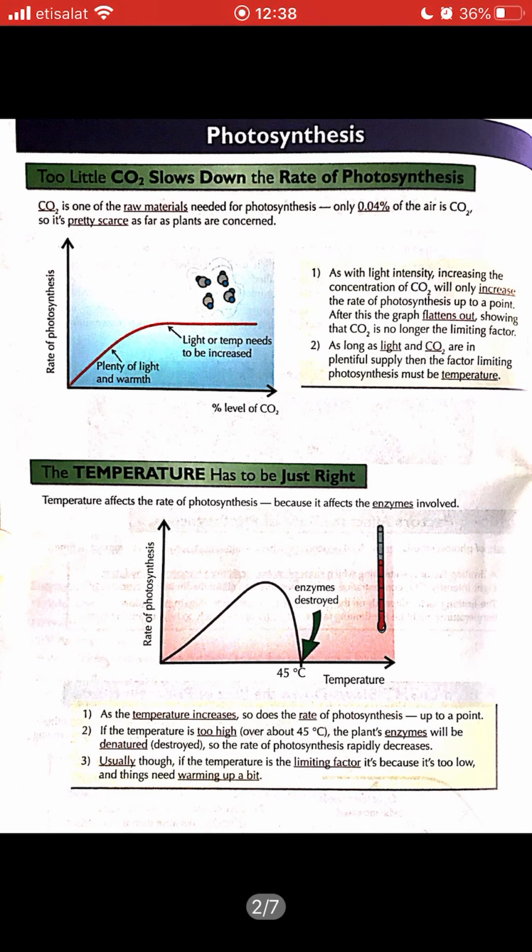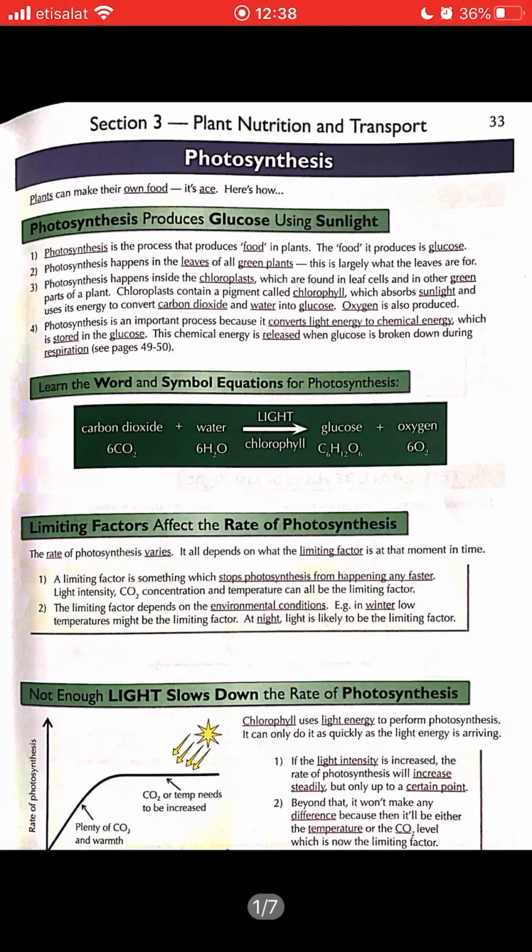The graph for carbon dioxide is exactly the same. It's one of the raw materials needed for photosynthesis, so it's one of the ingredients. It makes sense that as you increase the carbon dioxide concentration, your reaction is going to happen more quickly because there are more raw materials, more reactants for it to carry on. So it's a similar shape graph to the light intensity one.